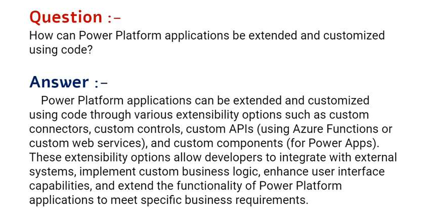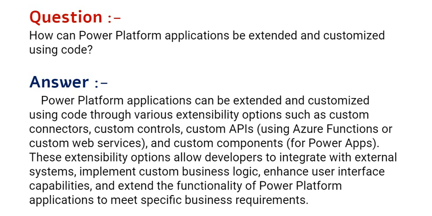Our next question is, how can Power Platform applications be extended and customized using code? Your answer should be, Power Platform applications can be extended and customized using code through various extensibility options such as custom connectors, custom controls, custom APIs, using Azure Functions or custom web services, and custom components for Power Apps.